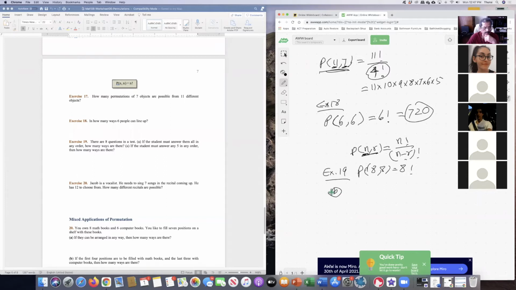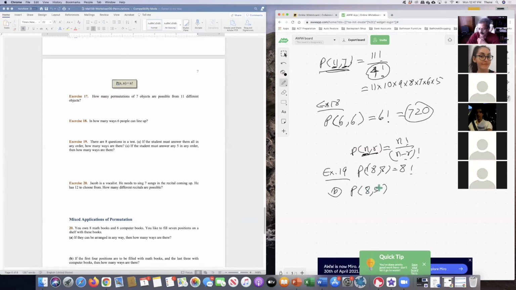Part B says, if the student must answer any 5 in any order, then how many ways are there? What would that be as permutation? Permutation of what, comma, what? Is it 8, comma 5? Yes.